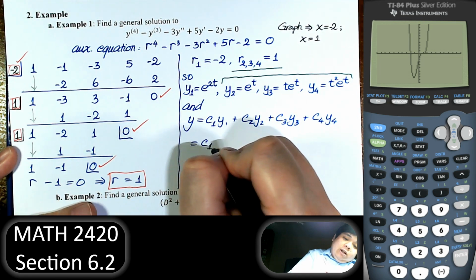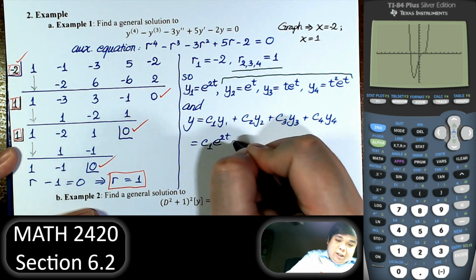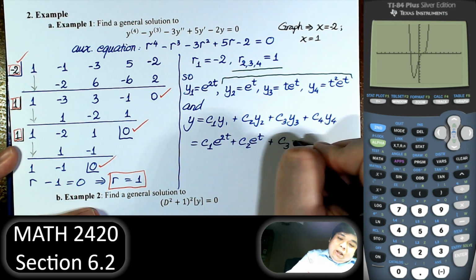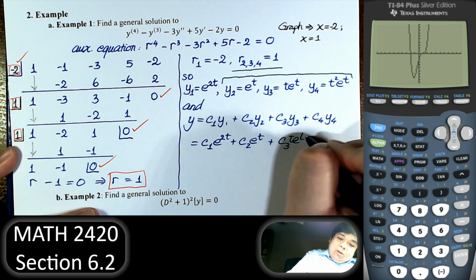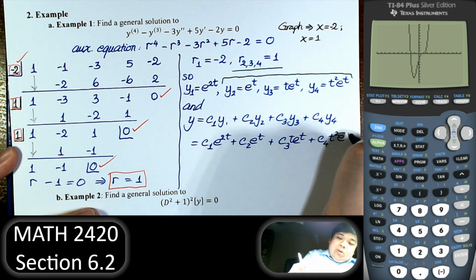So we have C1 e to the 2t, C2 e to the t, C3 t e to the t, and C4 t squared e to the t.